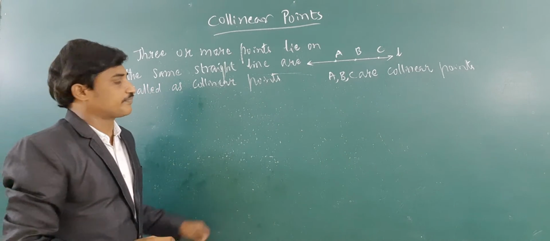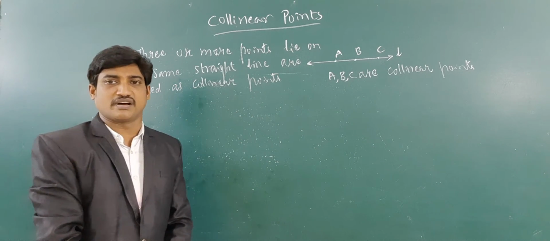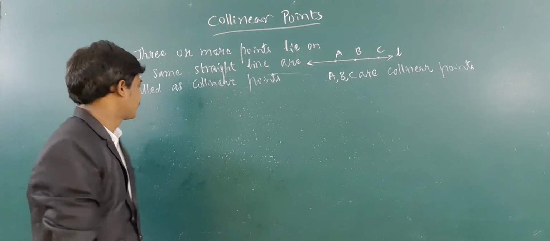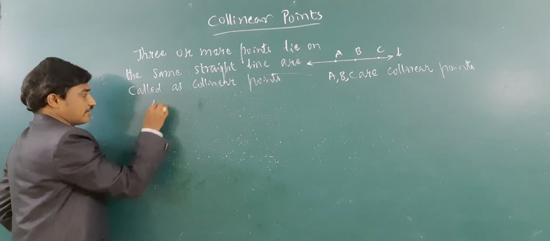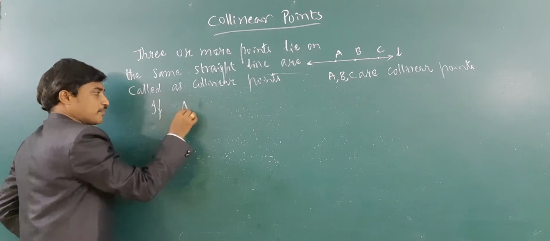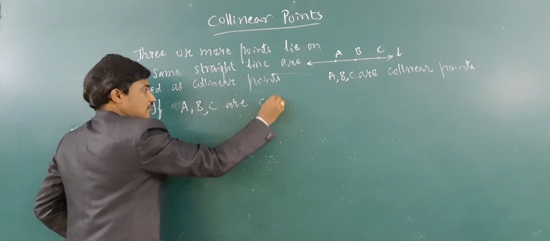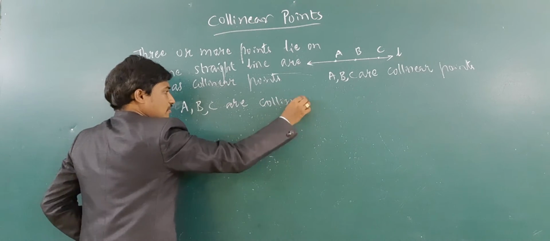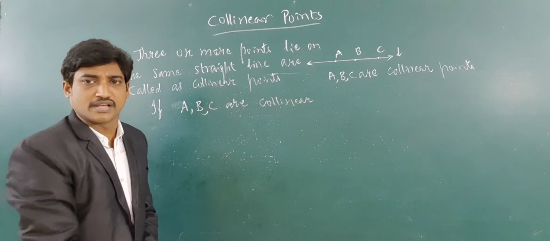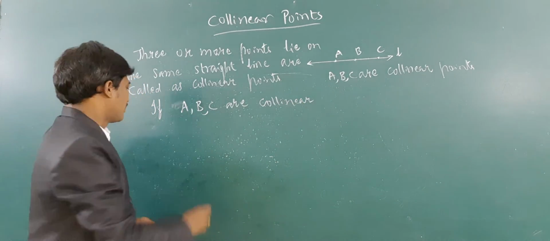If 3 points A, B, C are collinear, then there will be 3 cases.